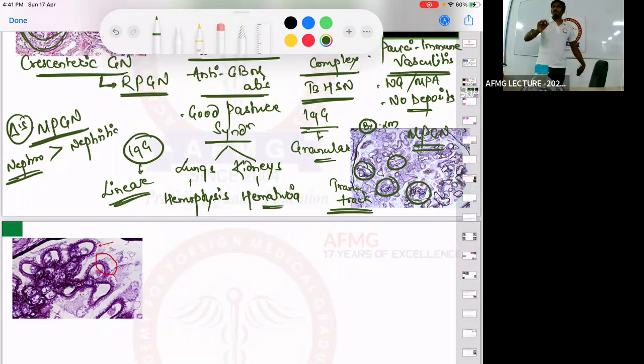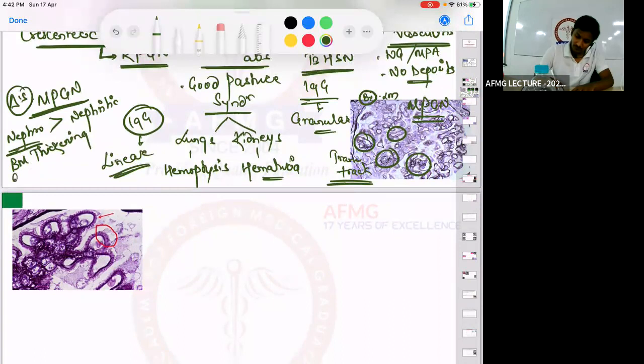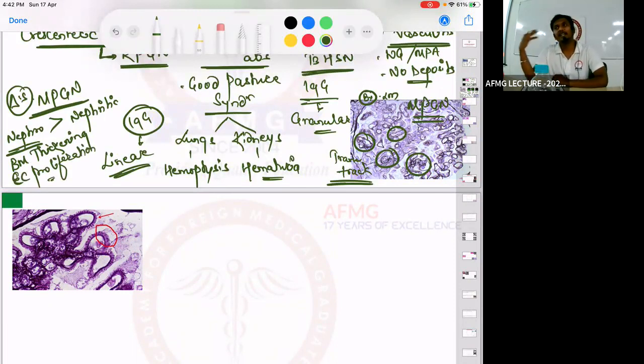Here you can see nephrotic as well as nephritic features, more commonly nephrotic features. On kidney biopsy, please remember, I will find basement membrane thickening, which is a feature of nephrotic syndrome. And second, I will also find endocapillary and mesangial proliferation, which is a feature of nephritic syndrome. Understood? No issues with this.